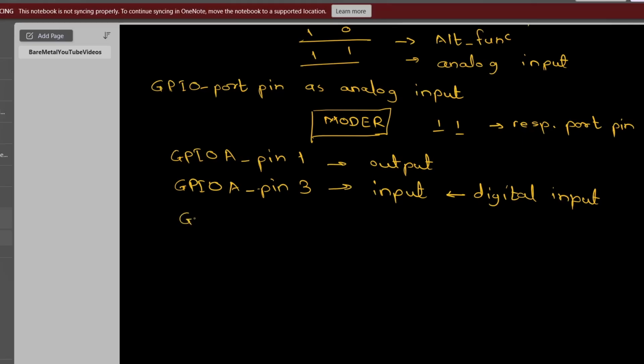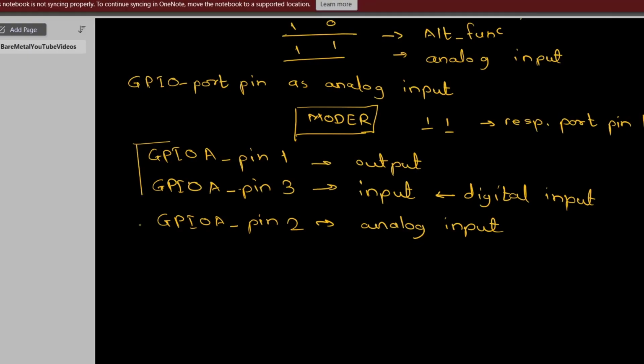Now let's configure GPIO A pin 2 as analog input. This we will do.